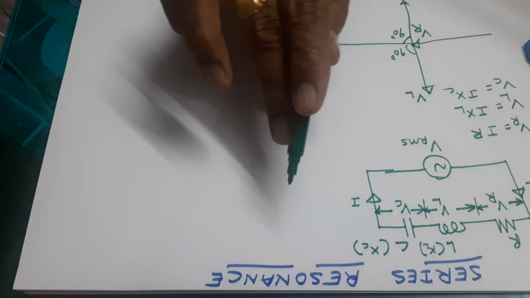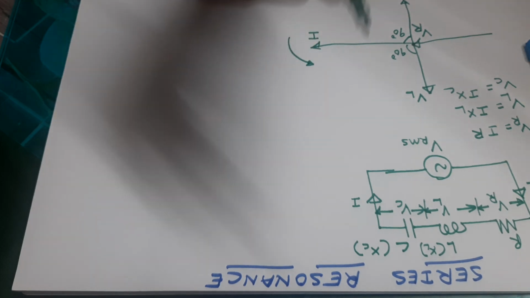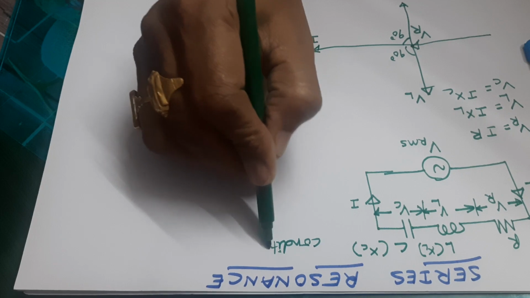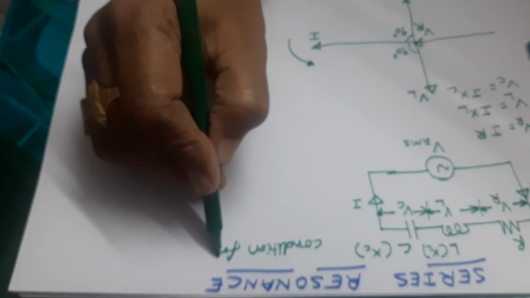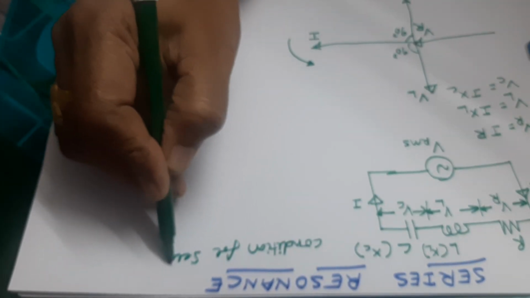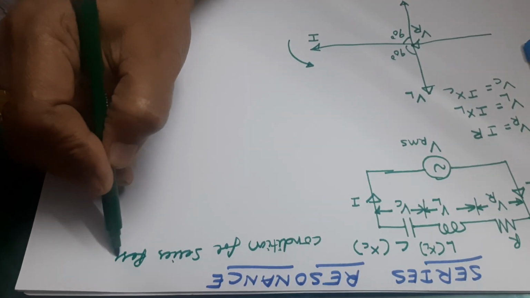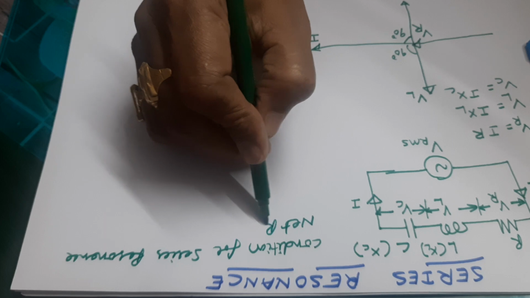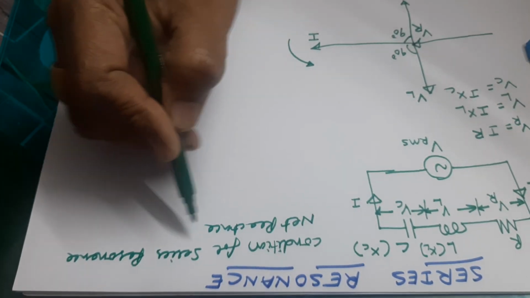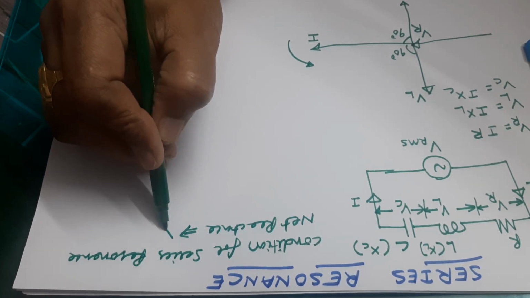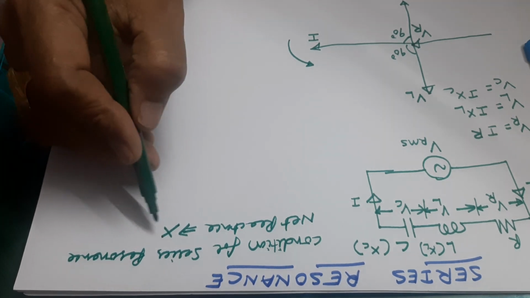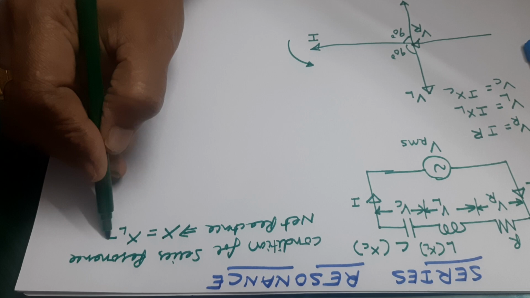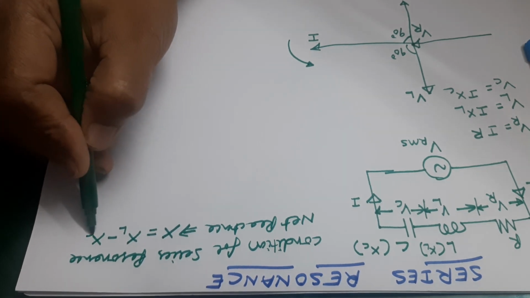But the concept of series resonance can be explained by the main condition for series resonance: net reactance is 0. What is net reactance? In a series RLC circuit, the net reactance is the difference of inductive reactance and capacitive reactance.